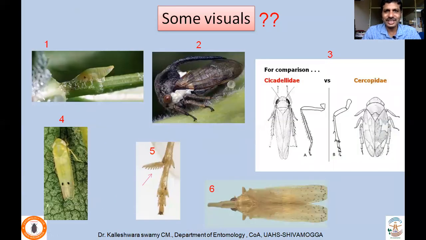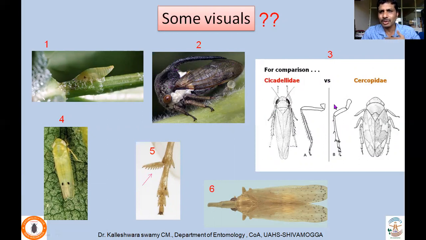There are some questions with visuals. Which family is this, where nymphs exude a frothy substance which covers their body? Similarly, pronotum extended back over the abdomen or extended over the head, which family is it, commonly called treehoppers? I'm giving the clue, I'm asking the family name. How do you distinguish Cicadellidae and Cercopidae, leafhoppers from spittlebugs?